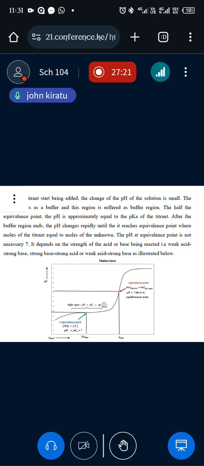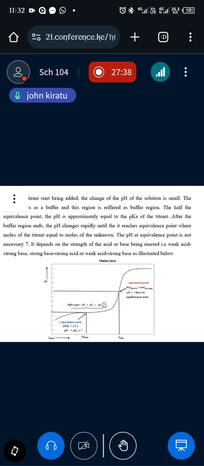But these shapes, now the equivalence points, are they always at pH 7? Take note of this, because this is what we'll be using when we start learning how to select an indicator.